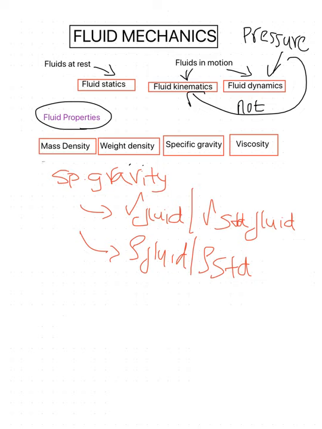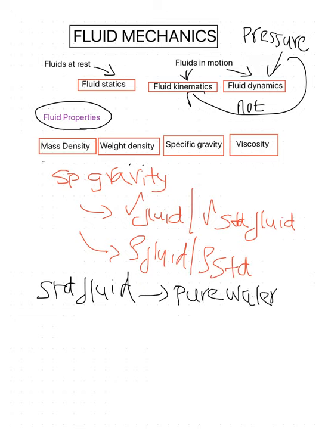Okay, rho means it's a mass density, so it's a ratio of mass density of that fluid to the mass density of standard fluid. Now in most of the cases all you have to understand is our standard fluid. Whenever we say standard fluid, it is our pure water. So we consider pure water as the standard fluid.